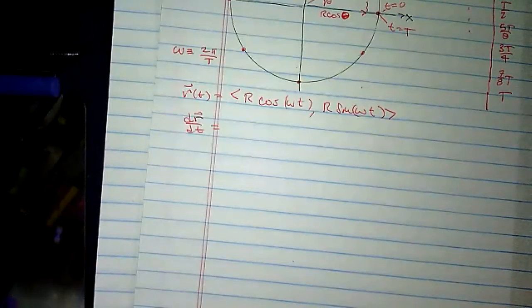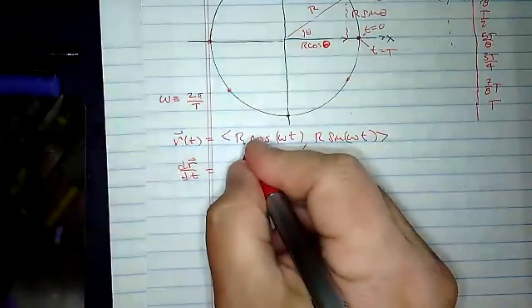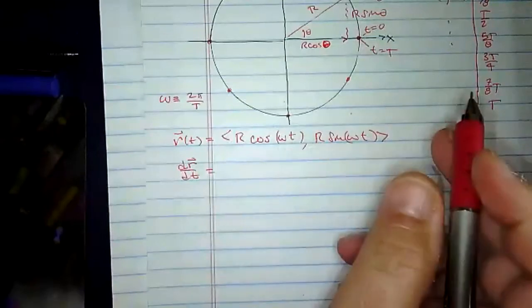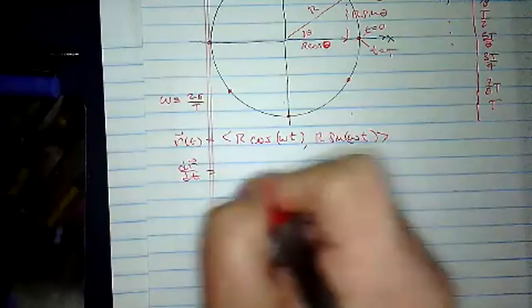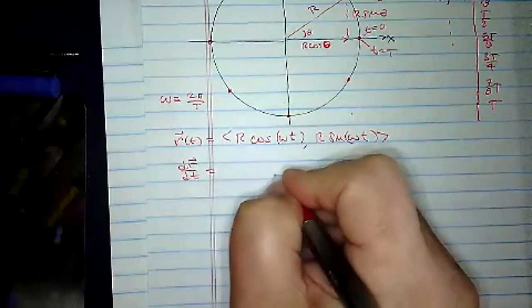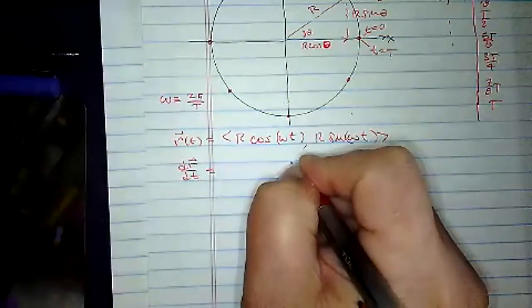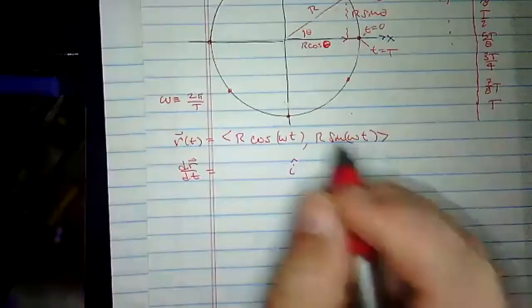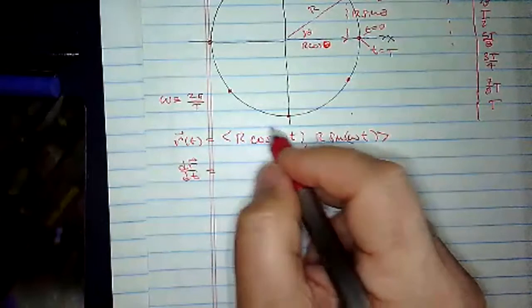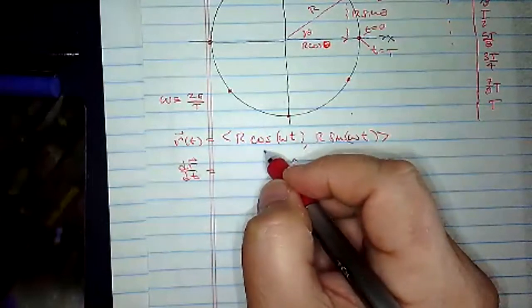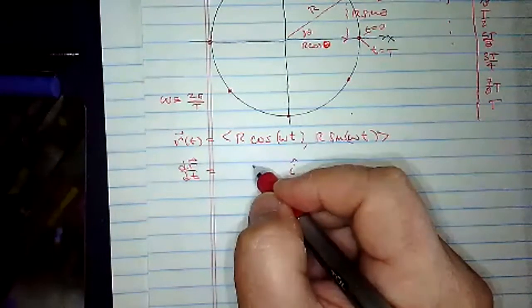Anyone? Negative R sine. The R comes out in front. The i hat comes out in front if you want to. So I'll write the i hat instead of using the brackets this time. The derivative of cosine of any particular quantity is negative sine.